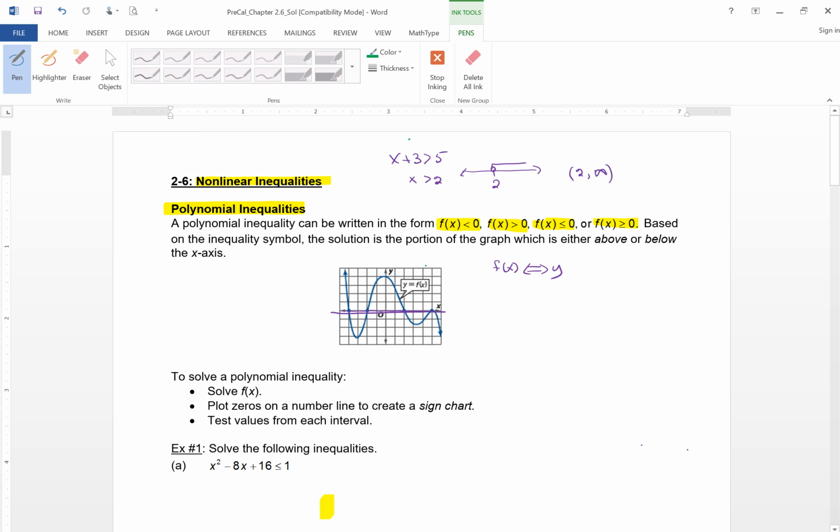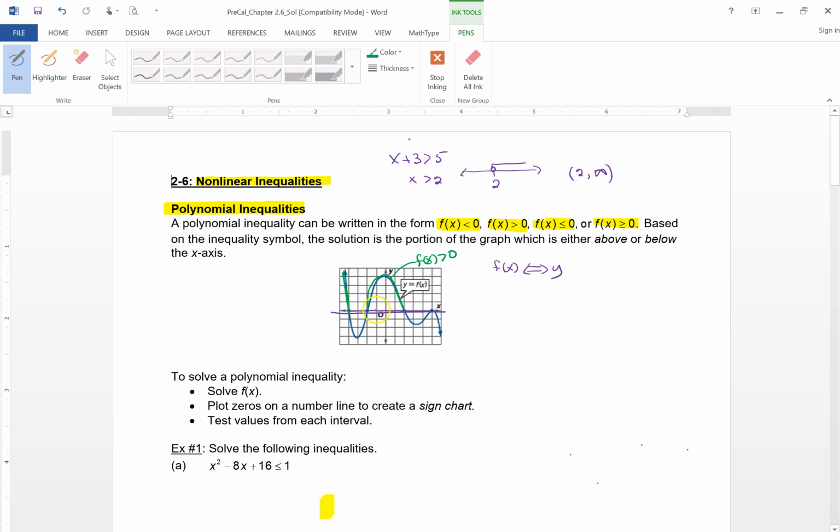So if we take this graph, for example, this part of the graph is above the x-axis, right? That means it's positive. This part of the graph is above, so it's positive. So here, the green parts that I've highlighted are the regions where f of x is greater than 0. When we talk about this, we talk about the interval.